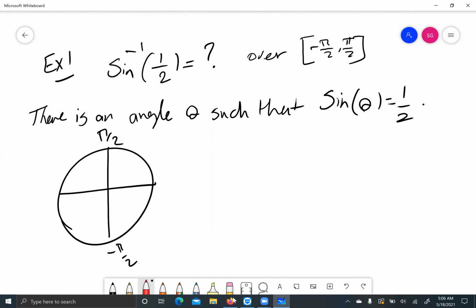So over here, which angle gives us sine of half? And that angle is, sine is half, so pi over 6. Because over this range, there is only one angle that gives us the height of a half, and that's pi over 6. So the answer is pi over 6.